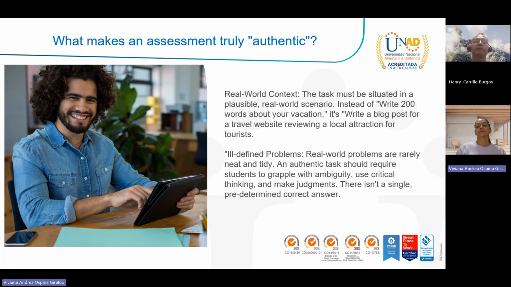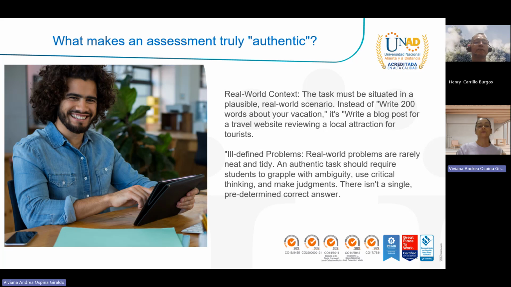It's a combination of different things that I'd like to talk to you about. Remembering what we just saw, authentic assessment has to do with giving our students a certain problem or situation where they need to use skills and knowledge.